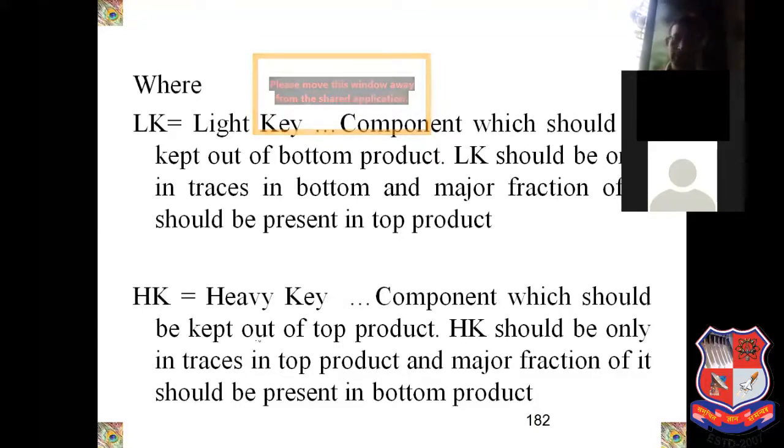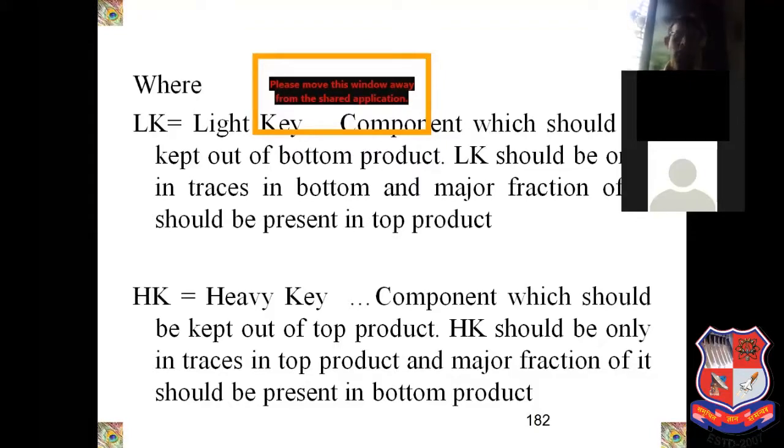Benzene is the lightest, toluene is intermediate, and xylene is the highest boiling compound. So if I want to separate benzene and toluene, I need to remove benzene completely at the top. I want to separate benzene from toluene, so I need to recover benzene in the top and toluene in the bottom.